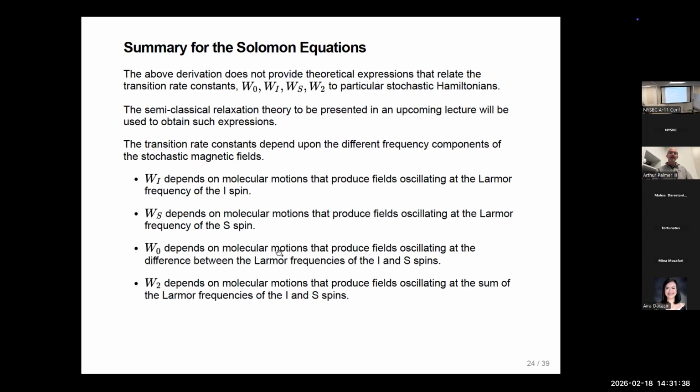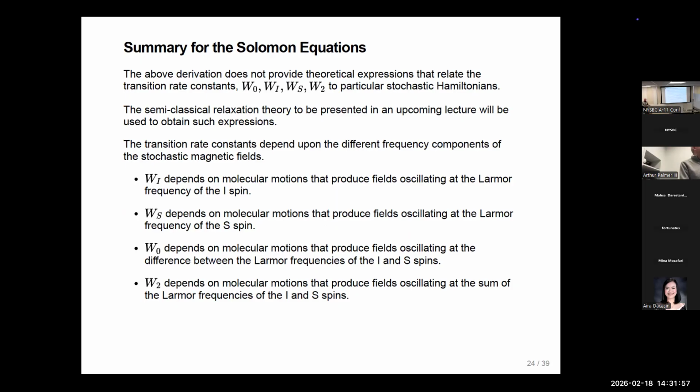Now, we will eventually see that these W's depend on molecular motions at particular frequencies. Right now, we don't know where the W's came from. I just said there are these W's, and we'll need more theory for that.